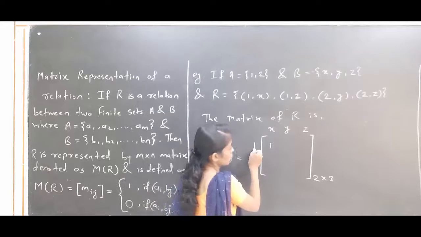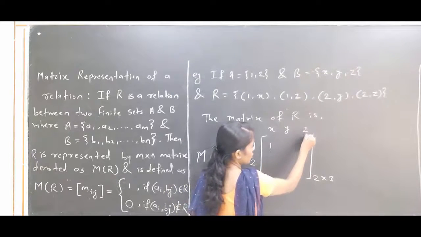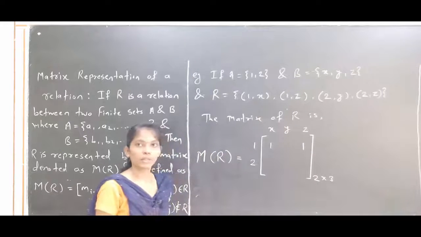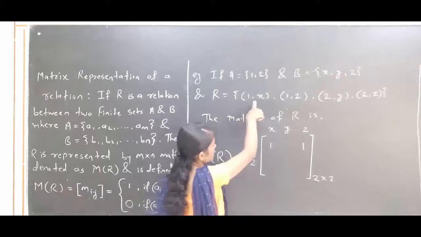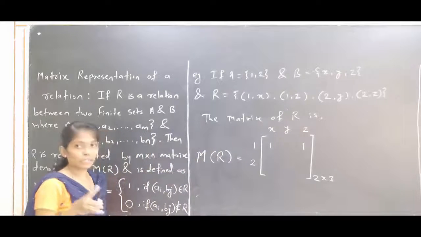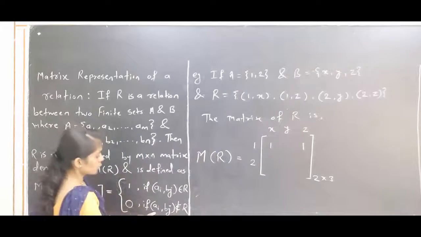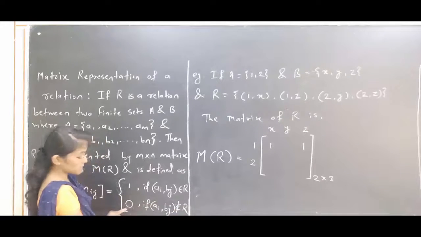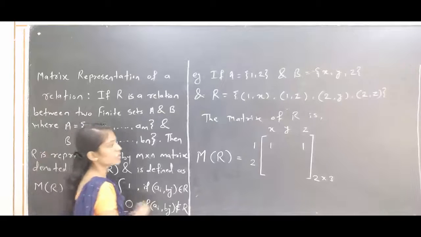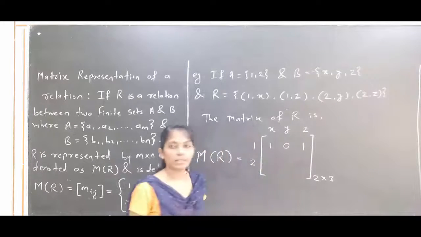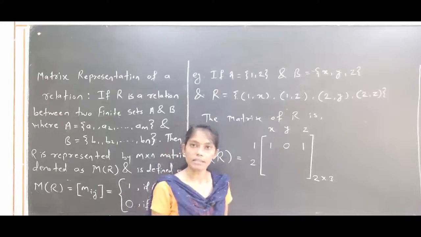So here 1 is related to Z. So we mark this entry 1. But in this relation there is no pair 1 related to Y. If no such pair belongs to relation R, then we mark this entry as 0. So 1 is not related to Y, so we mark this entry 0.